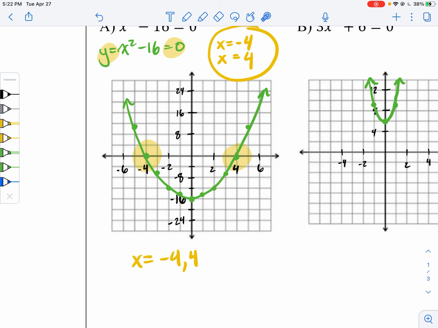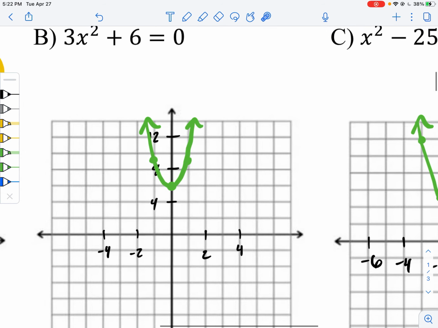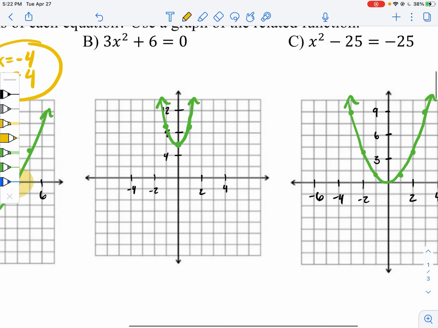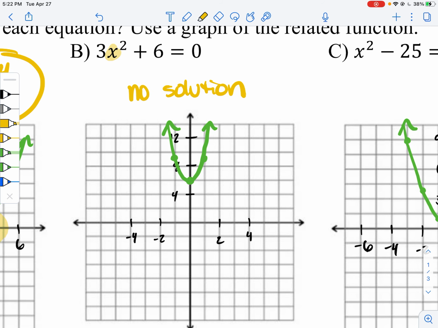So this one, where are its zeros? Where does it intersect the x-axis? It doesn't. So we say that this one has no solution, because there is no x that will make this true. If you really want to know why, ask me in class.